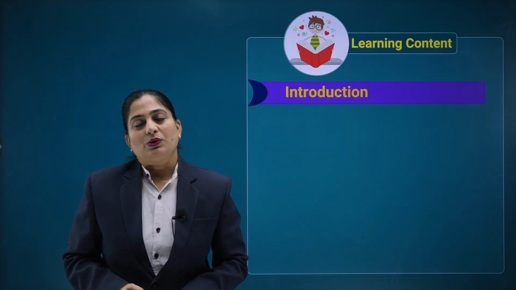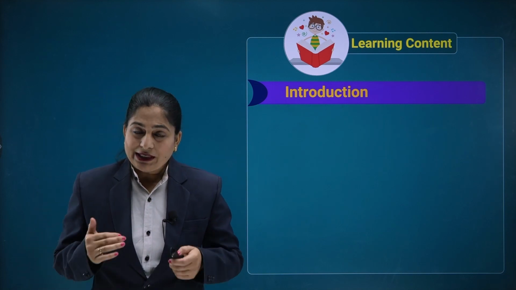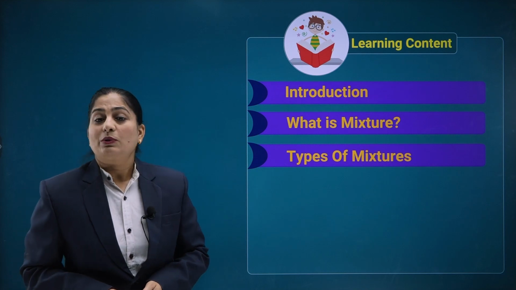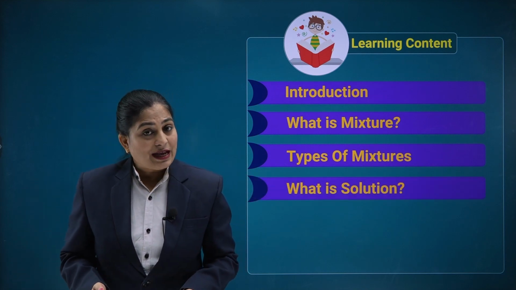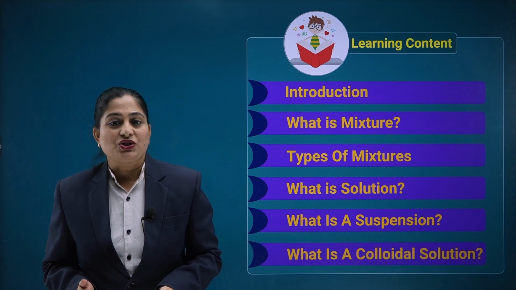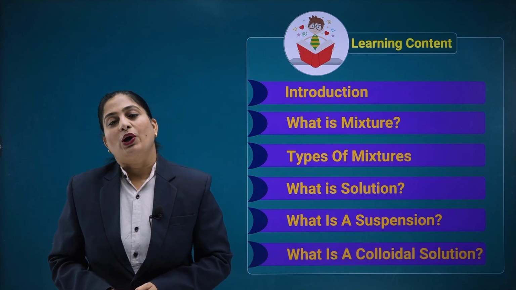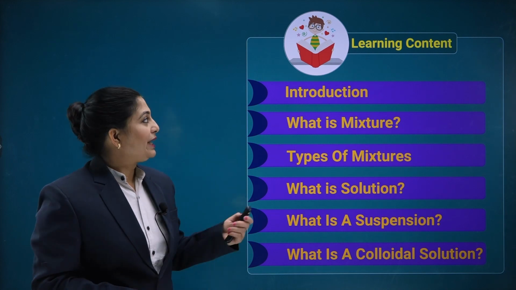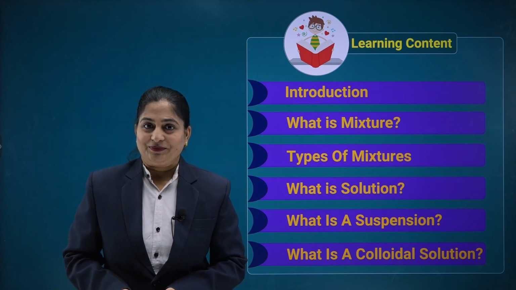The important content for this chapter are the introduction, then we'll discuss what is mixture, various types of mixture, solution, suspension and colloidal solution. तो इस पूरे चैप्टर में हम ये सब इम्पॉर्टेंट लर्निंग कंटेंट की बात करेंगे.